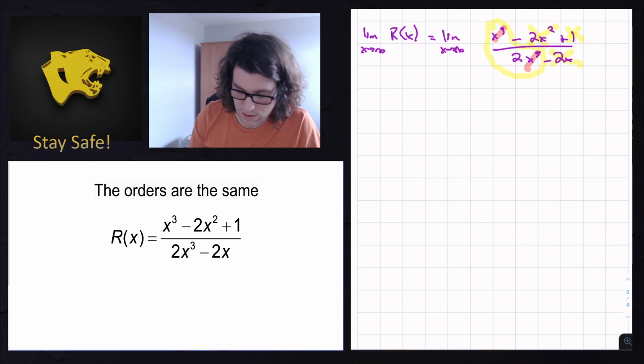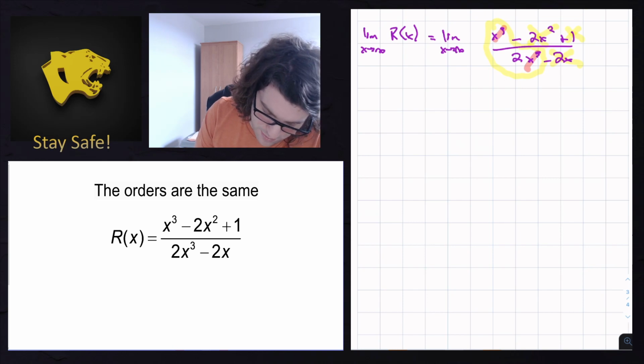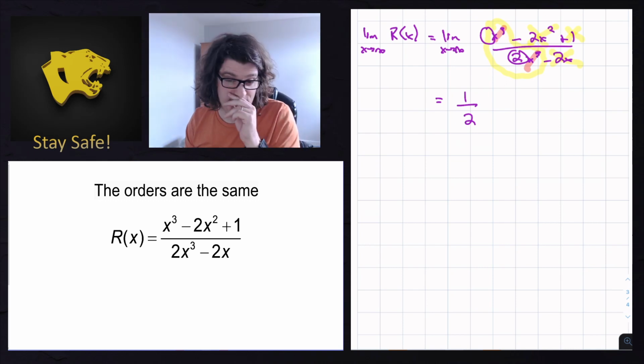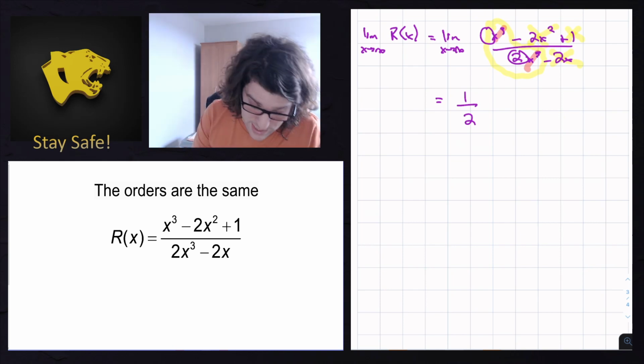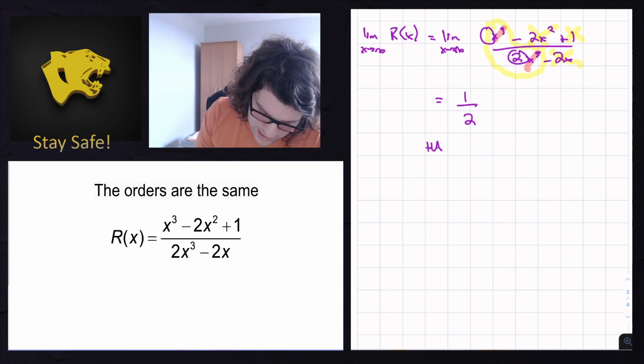So in this particular case, we would end up with the ratio of the coefficients, which for this one, since there's none written in, is a 1, and this one is written in as a 2, so it becomes 1/2. That's what we do if we want to know this limit. So what that means is that there is a horizontal asymptote at y is equal to 1/2.